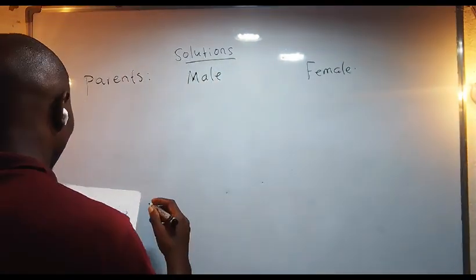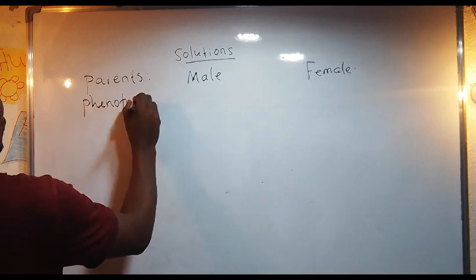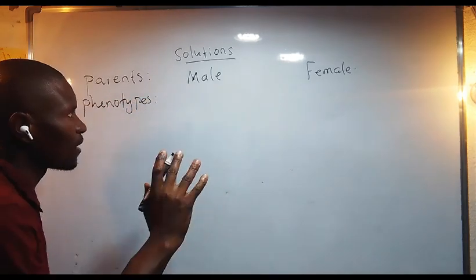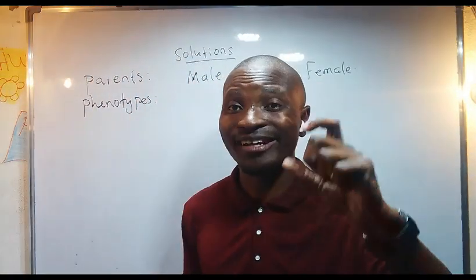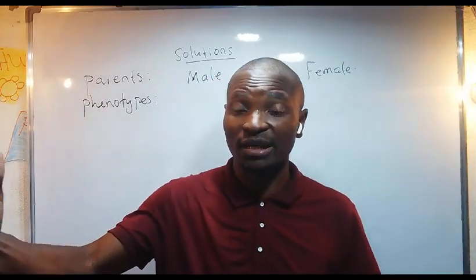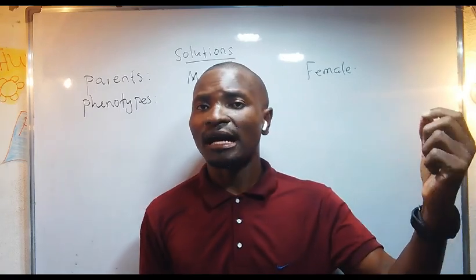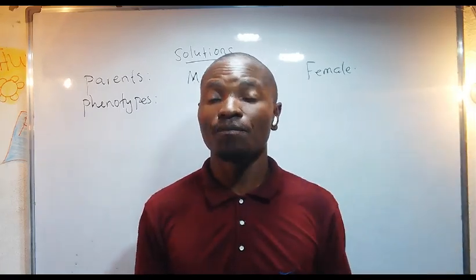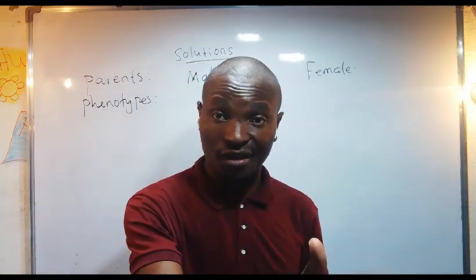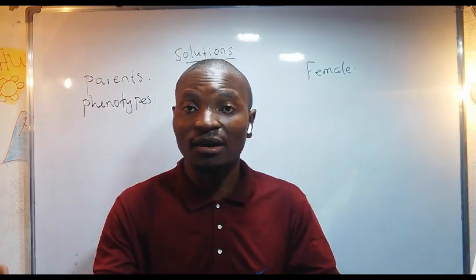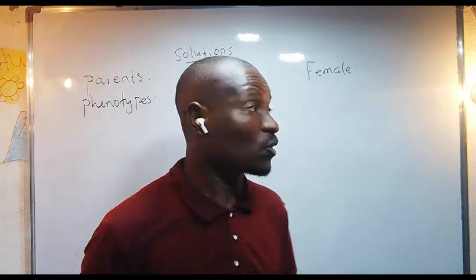Without much further ado, let's now talk about the phenotype. In terms of the phenotypes, this is now what we are doing in terms of our blood groups. Like I mentioned, there's blood group A, B, AB, and also O. The phenotype is what we are able to observe externally, or rather the observable characteristics, and that's what you need to understand.